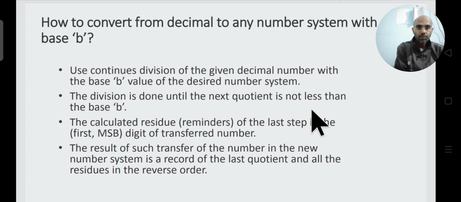So in this video we will see how to convert from decimal number system to any other number system with base b.